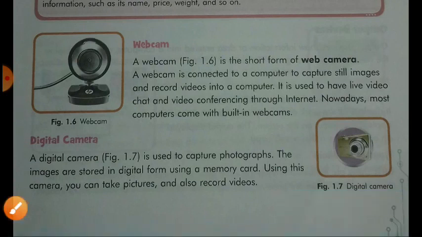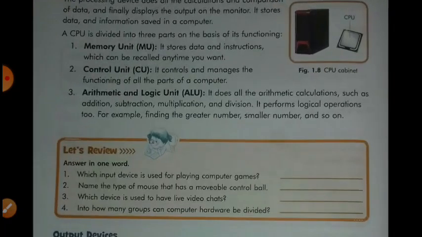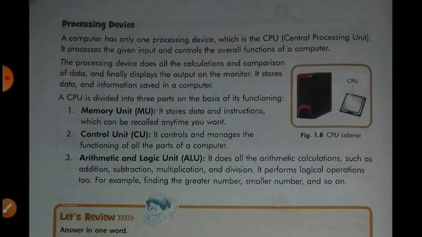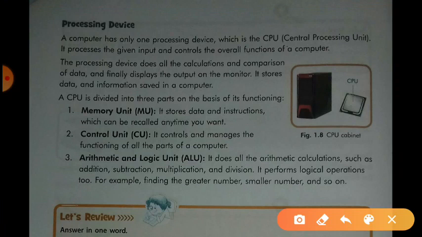Okay students, now come to the next page. The topic is processing device. A computer has only one processing device, which is known as CPU, and CPU stands for Central Processing Unit.